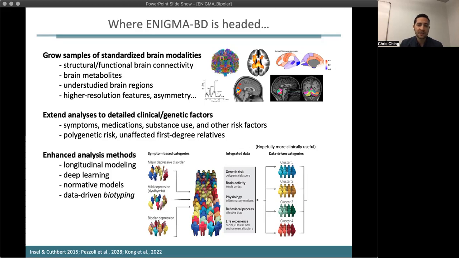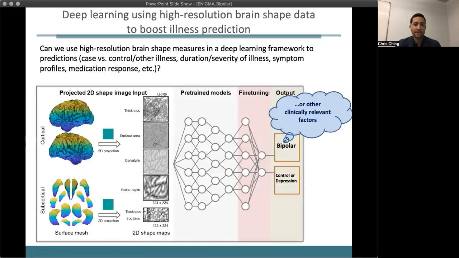We're hoping to provide or model more clinically useful data-driven potential categories that might indicate subgroups of individuals across disorders that are less or more likely to respond to particular medications. They may fall into higher risk for cognitive decline or suicide, et cetera.